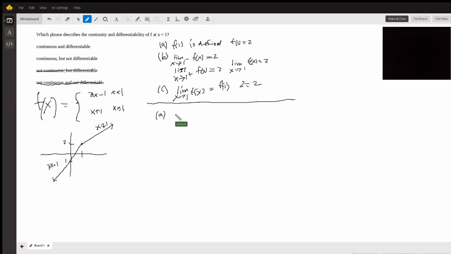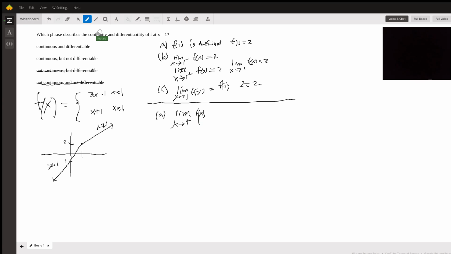For part A, we'll look at the limit as x approaches 1 from the left of f of x. So you can think of this as f prime of x.